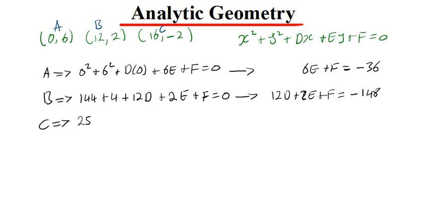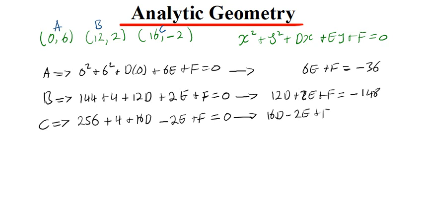So 256 here, okay, plus that will give us 4, plus 16d minus 2e plus f equals 0. Then we can simplify this. It's 16d minus 2e plus f, that will be equal to minus 260.